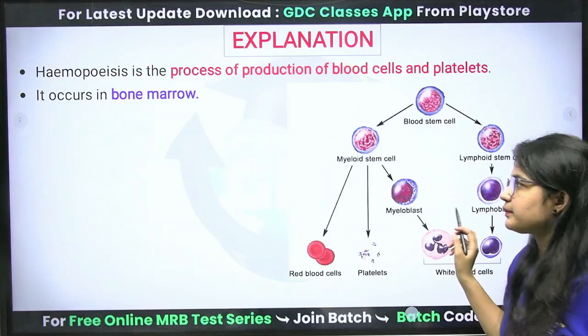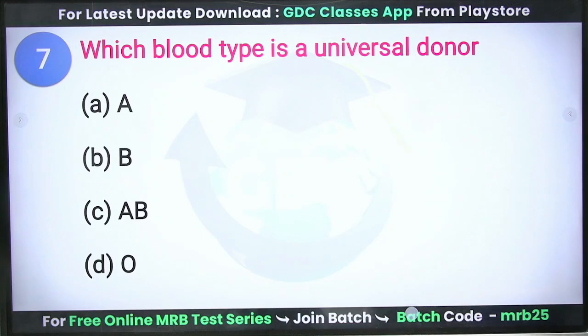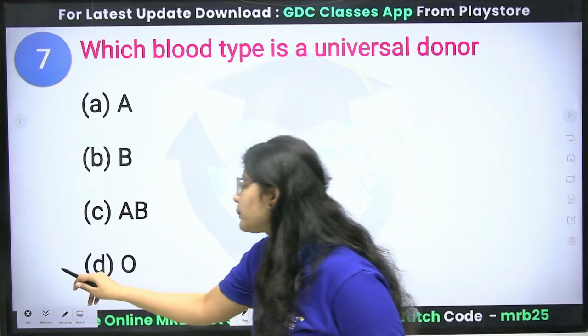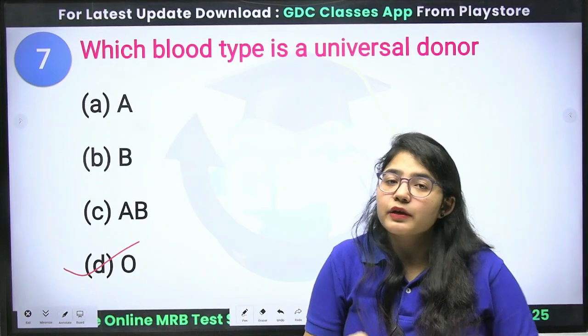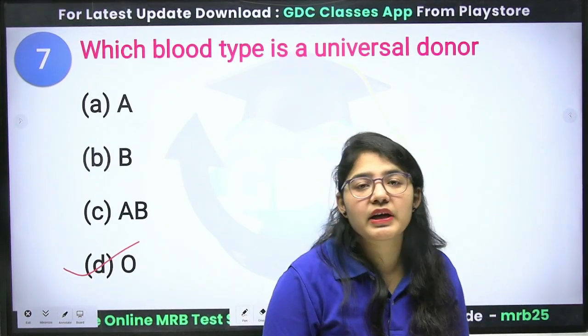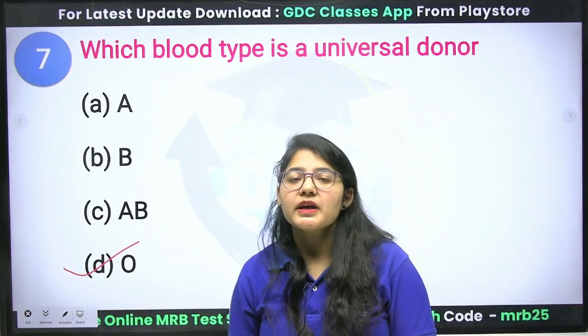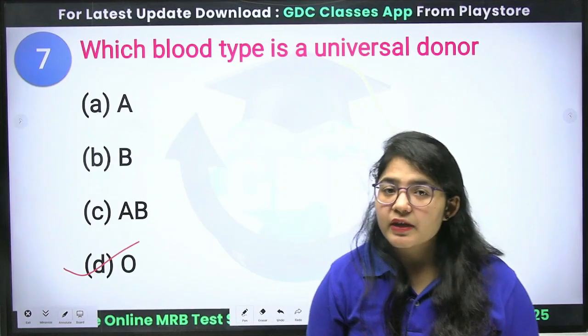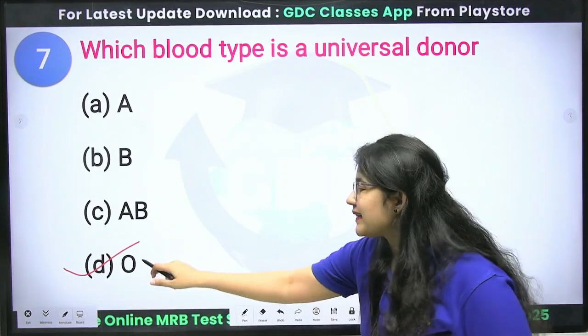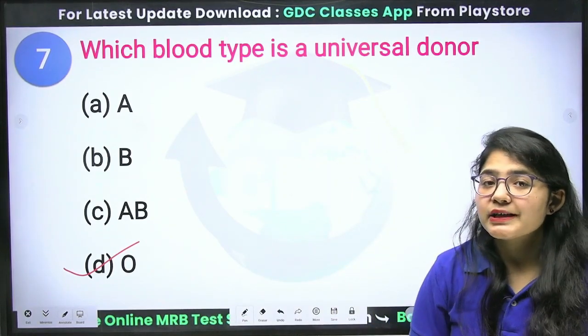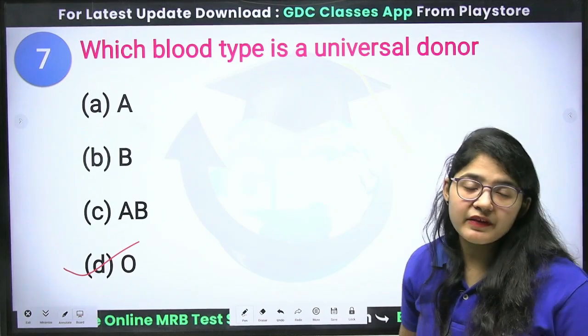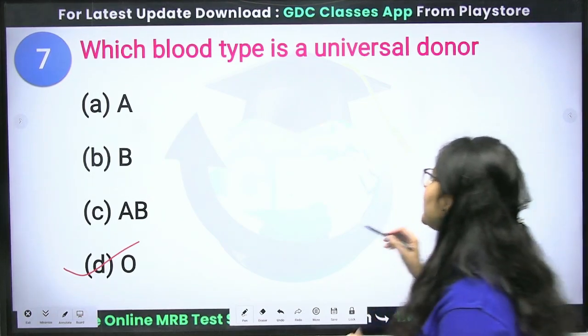Next question. Which blood type is a universal donor? Okay. Blood group O, you all know blood group O is a universal donor, and blood group AB is your universal receiver or acceptor. But why is this blood group O a universal donor? Do you know the concept behind this? Come, let me tell you.